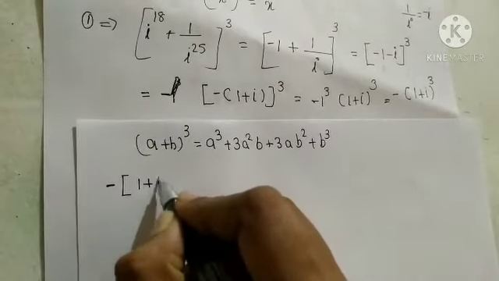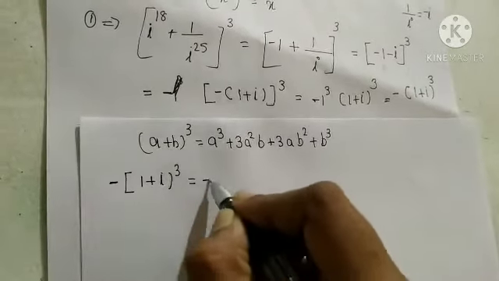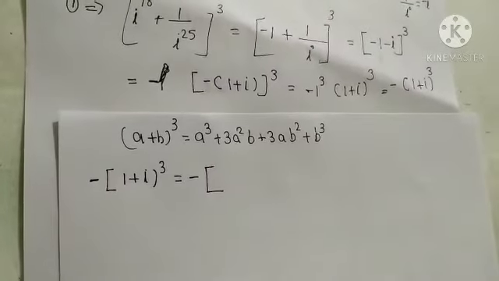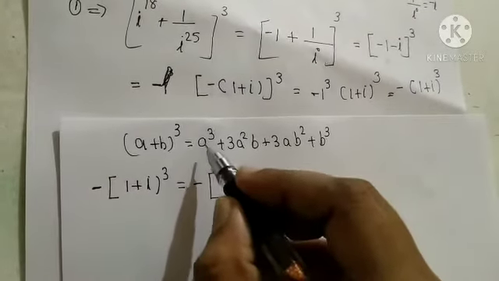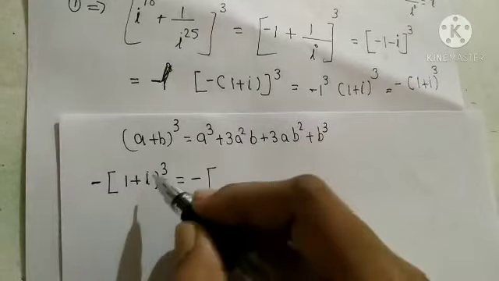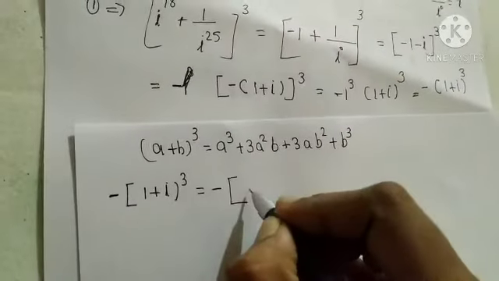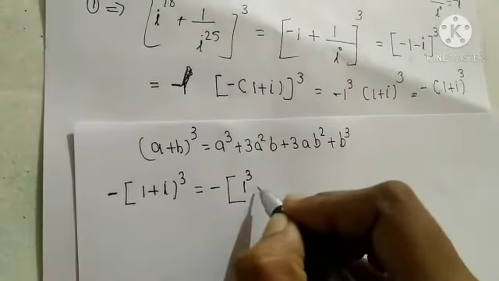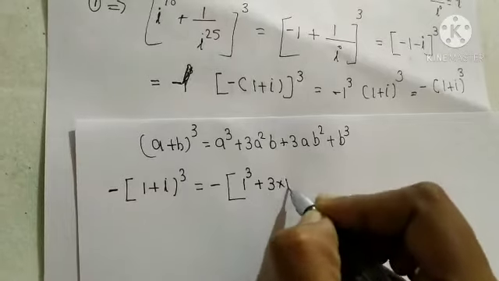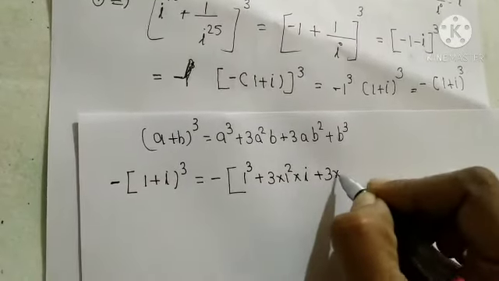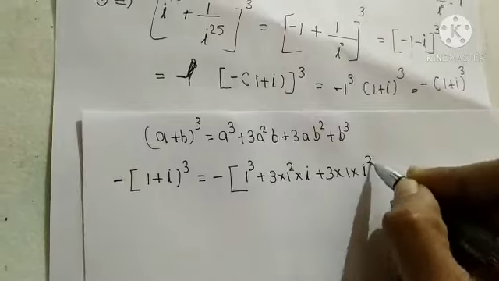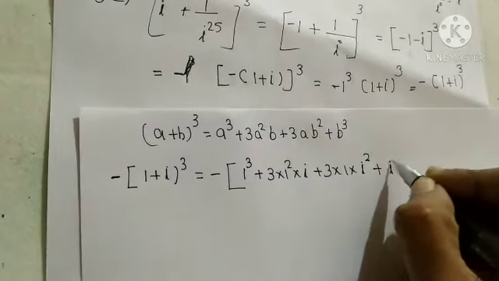So 1 plus i whole cube is equal to minus into, put a bracket here, replacing a by 1 and b by i. Here we get 1 cube plus 3 into 1 square into i plus 3 into 1 into i square plus i cube.